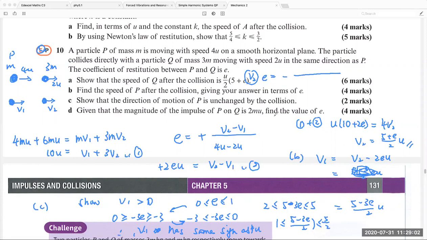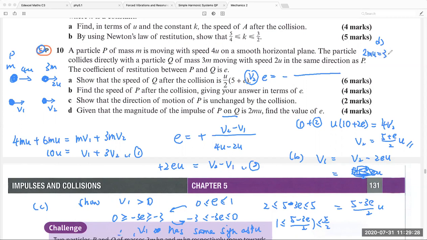For part D, given the magnitude of the impulse of P on Q, I need to clear the screen soon. The impulse of P on Q means the change in momentum of Q. Q has a velocity V2. The impulse is 2mu.